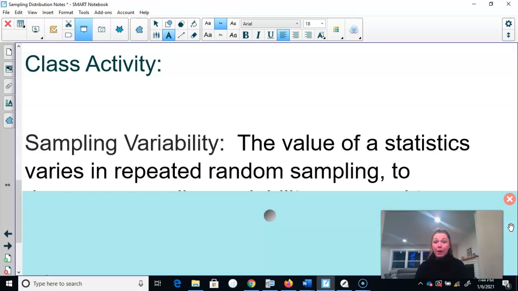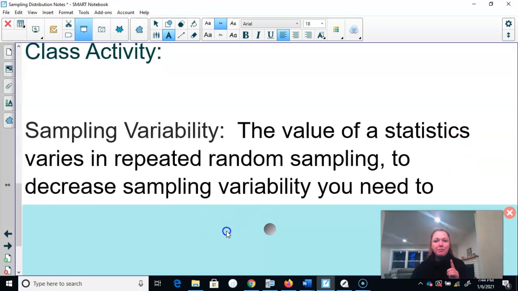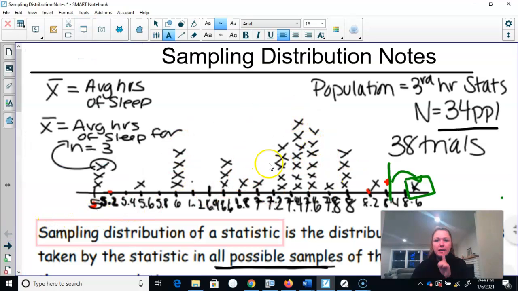Let's talk about sampling variability. What is it? What we know is the value of a statistic varies in repeated random sampling. We saw this in this dot plot. There's variation here, okay?